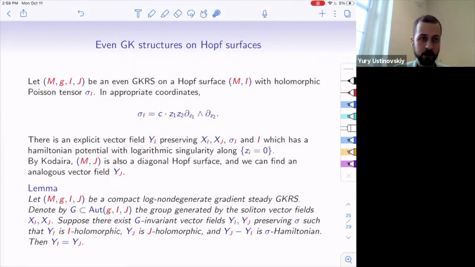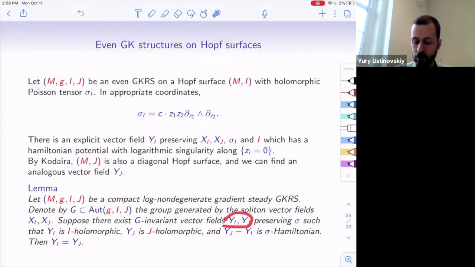And the key in this argument is the following lemma, which is pretty general. If you have a compact Lochner-degenerate gradient steady soliton, you take G to be a group generated by soliton vector fields, so it's a torus in the automorphism group.